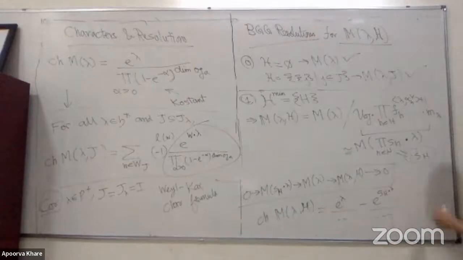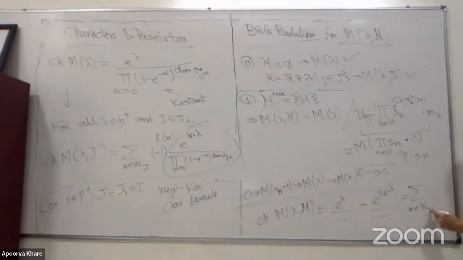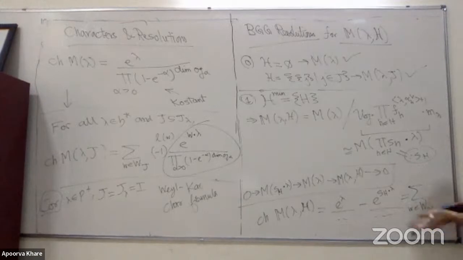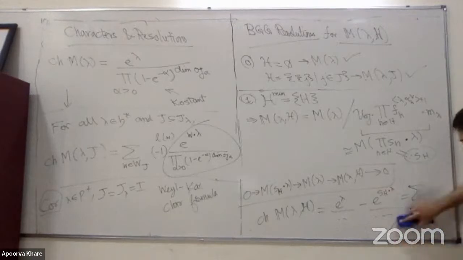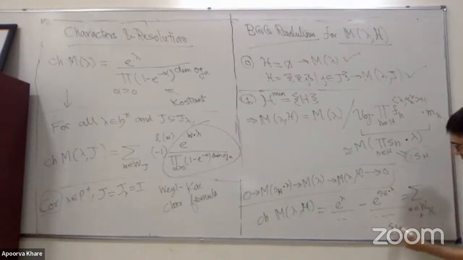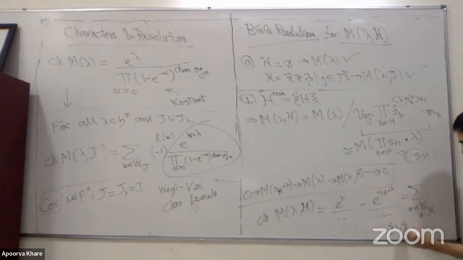That is the key. It's the sum over W in, I will call it WH in the script H, a higher order parabolic-like subgroup. And what is the subgroup? It is just the two element subgroup, 1 or E and SH.